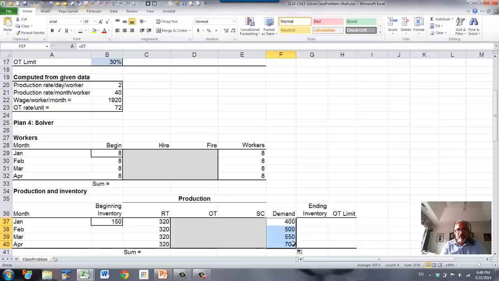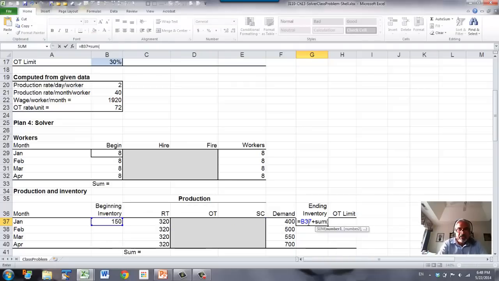Now we can set up the formulas for ending inventory. So ending inventory is beginning inventory, okay, plus the three different production, okay, regular time, overtime, subcontracting. That's the quantity that will be added to the inventory minus demand.